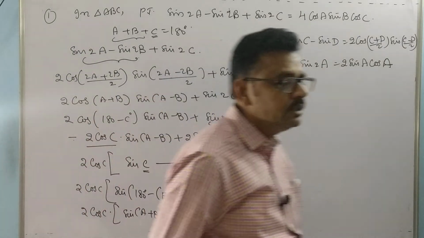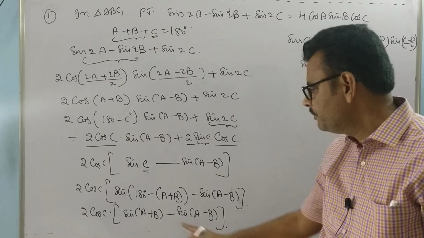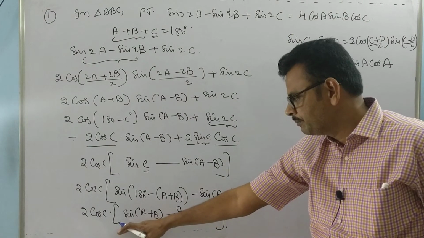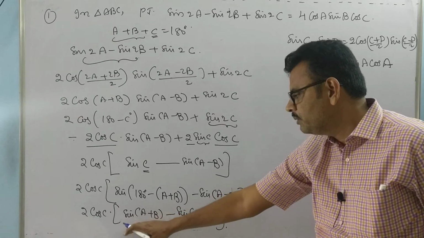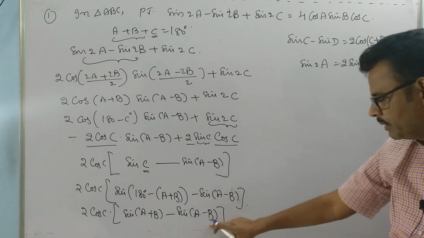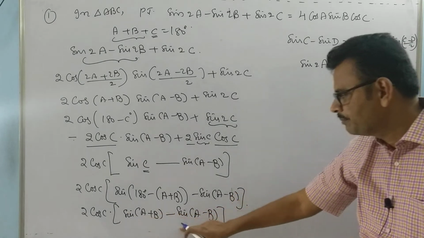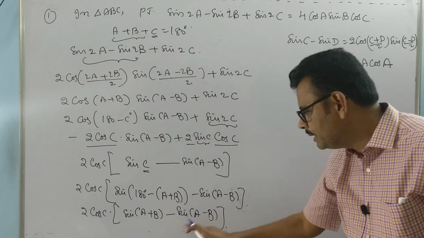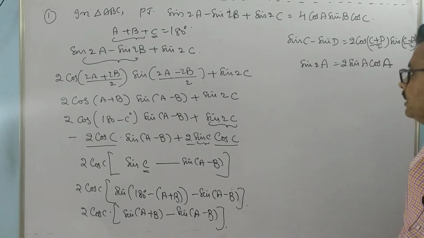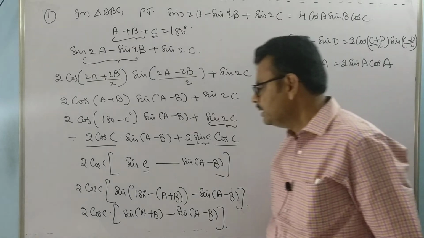Now we have sine of (A plus B) minus sine of (A minus B) equal to what? Just go through your previous class or see the previous video, where all the formulas are there clearly, or see your notes.